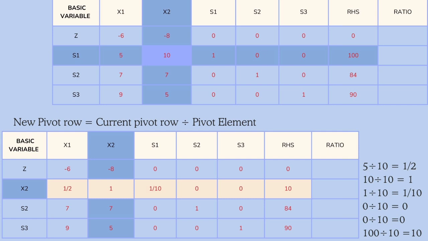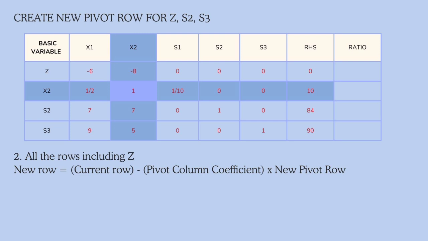So, next naman natin is magkakreate na tayo ng new rows ng Z, S2, and S3. Paano po yun? So, meron tayong formula dyan. New row is equals to current row minus pivot column coefficient times new pivot row. So, let's answer Z muna. Ang current row nito is yung nasa Z row which is negative 6, negative 8, 0, 0, 0, 0.